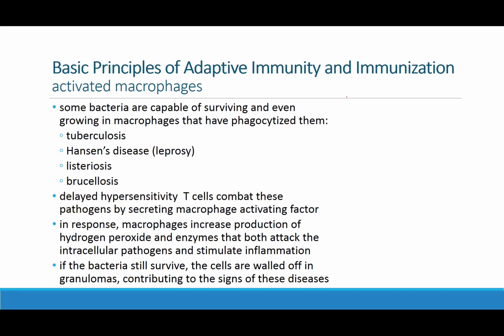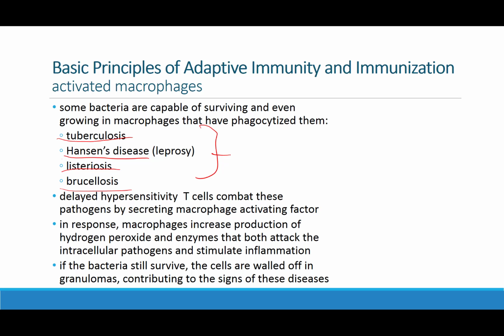There are at least 4 different diseases that occur as macrophages get infected by bacteria and cannot kill them: tuberculosis, Hansen's disease, also known as leprosy, listeriosis, and brucellosis. In all of these, macrophages phagocytize bacteria, the bacteria survive, and they actually love living inside the macrophage.